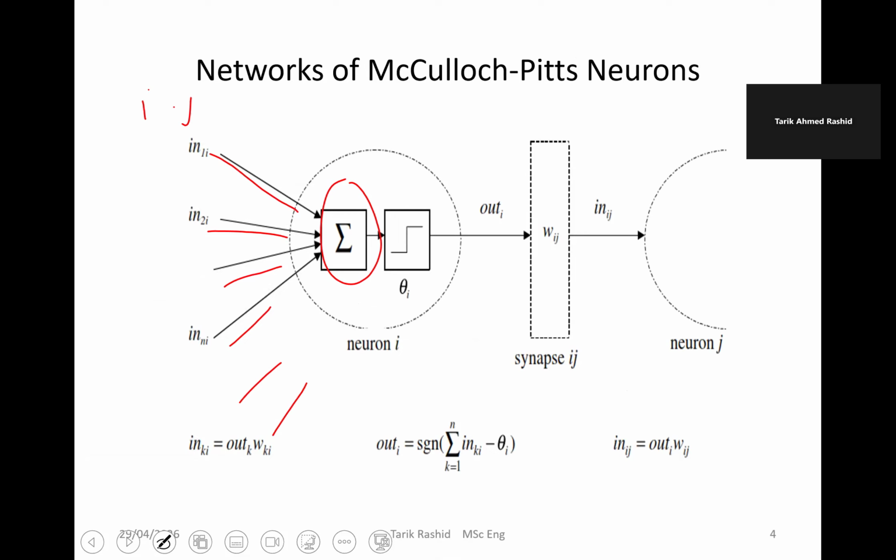Inputs multiplied by weights are summed up, I from 0 to J, for example. I equals, for example, J or K or N, it doesn't really matter. Then they will be subject to an activation function, and the output will go to the next layer in the network.